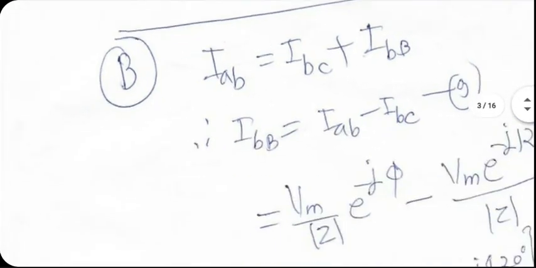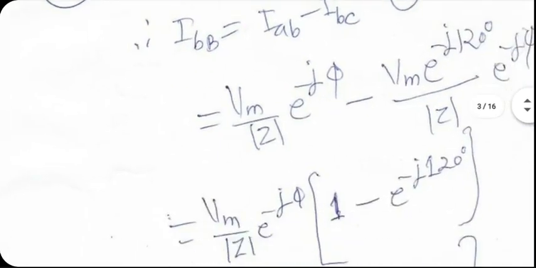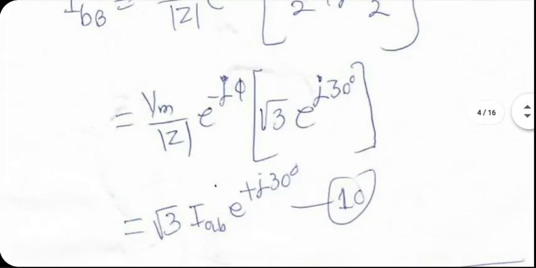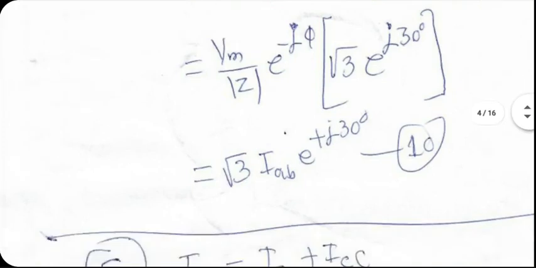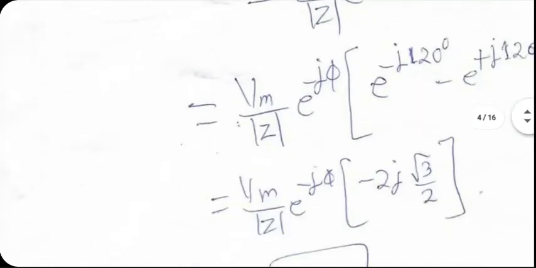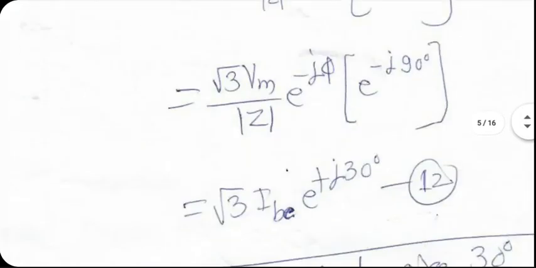Similar things for the other two phases, lot of derivations again. You get the factor square root of 3 again and 30 degree phase shift again compared to the corresponding phase current. And similarly, in the last case also, you get the famous factor square root of 3.